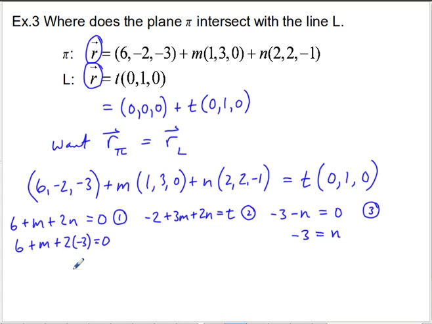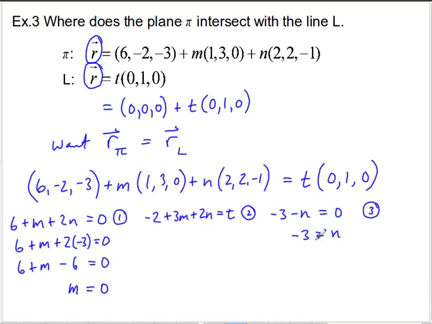That's equal to 0. And so this is 6 plus m minus 6 is equal to 0. And so obviously then we get m equals 0 because I had 6 minus 6.